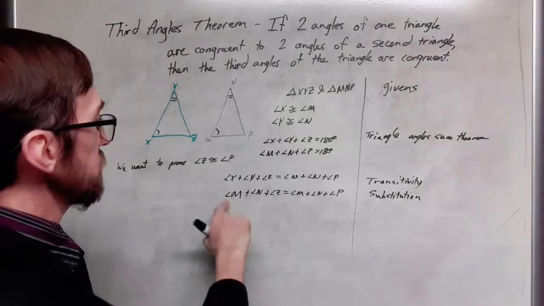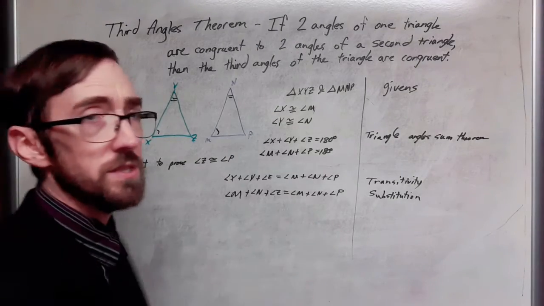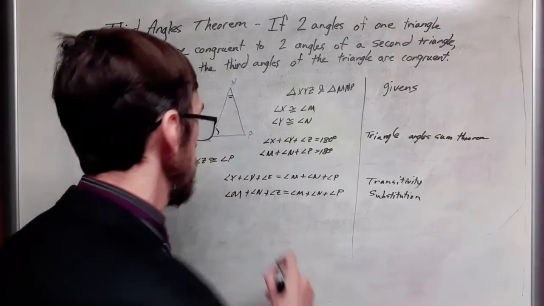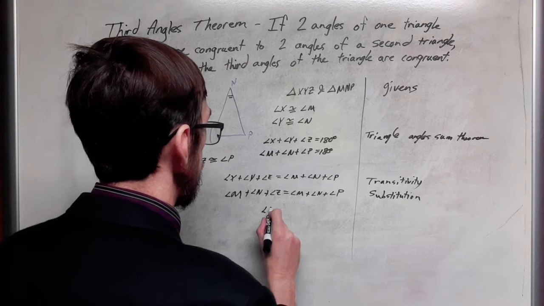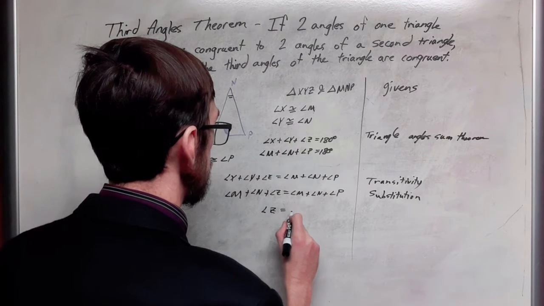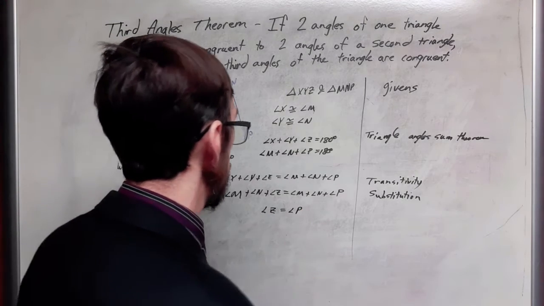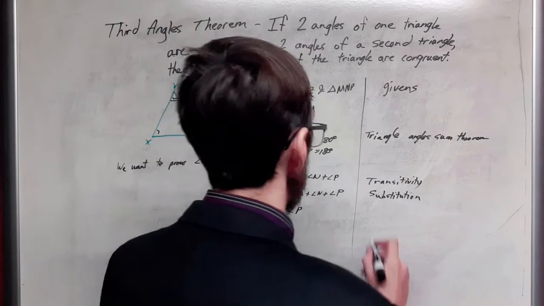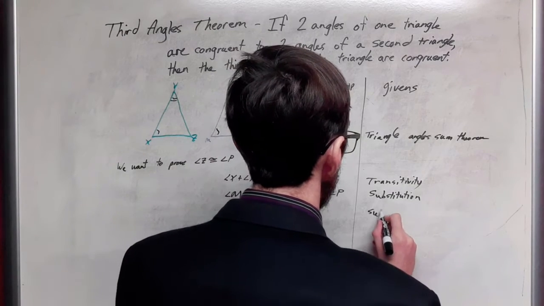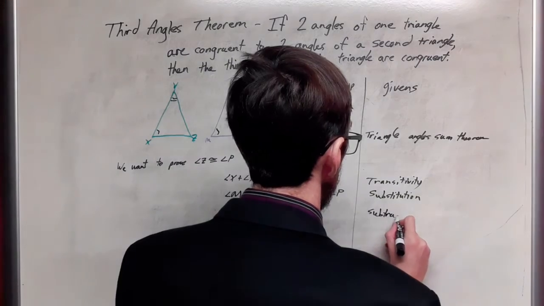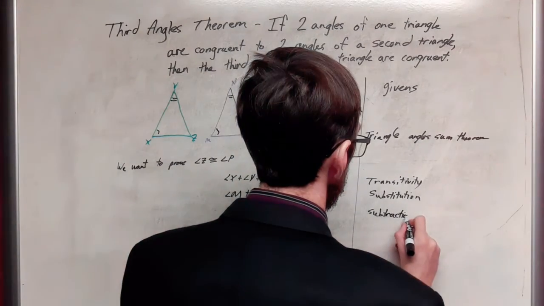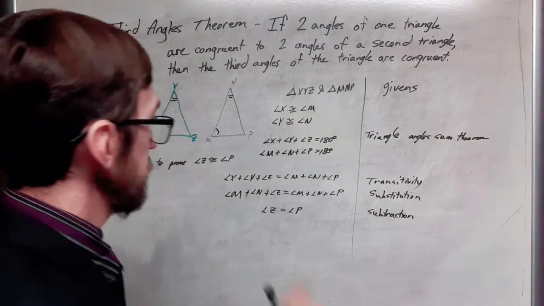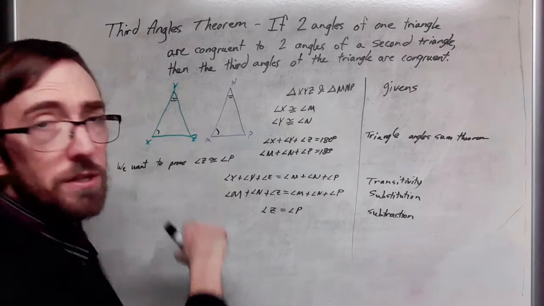And now I'm going to subtract the M and the N that is in common on both sides. And that will leave me with angle Z is equal to angle P. And that was subtraction. And I need a statement about congruence.